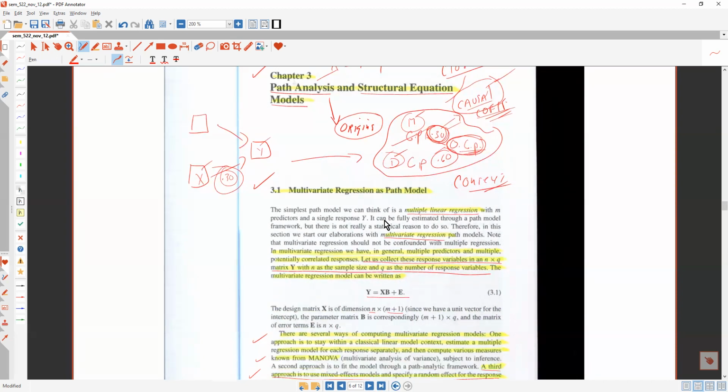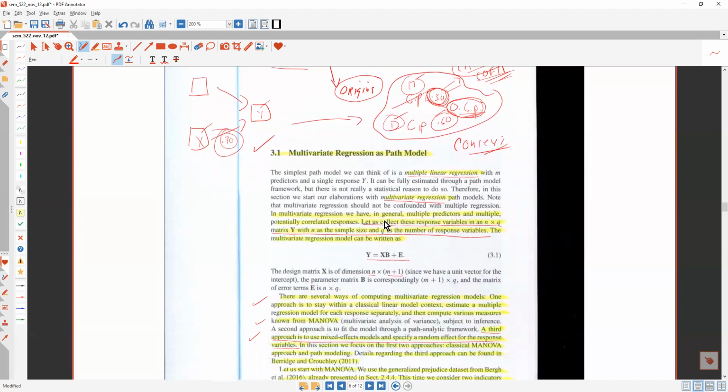When we talk about the multivariate regression as a path model, path models are relating all these observed variables to one another. These are all observed, and it's relating observed variables. That's what the path model is. If you think of a structural equation model, like we did previously, confirmatory factor analysis is a special case of a structural equation model.